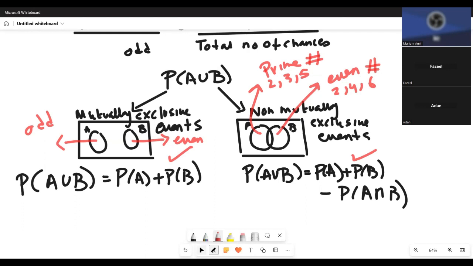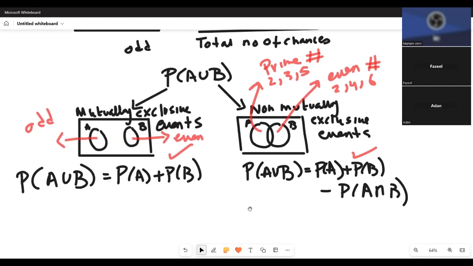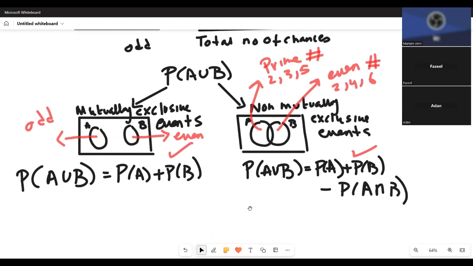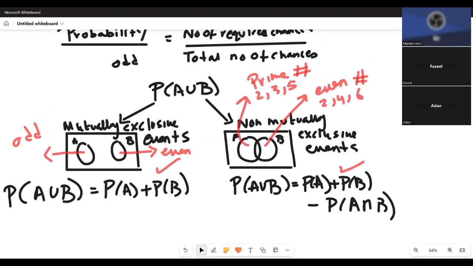Next, there's a formula for probability A and B. Union is read as A or B. Please write or at the top. Union means or.